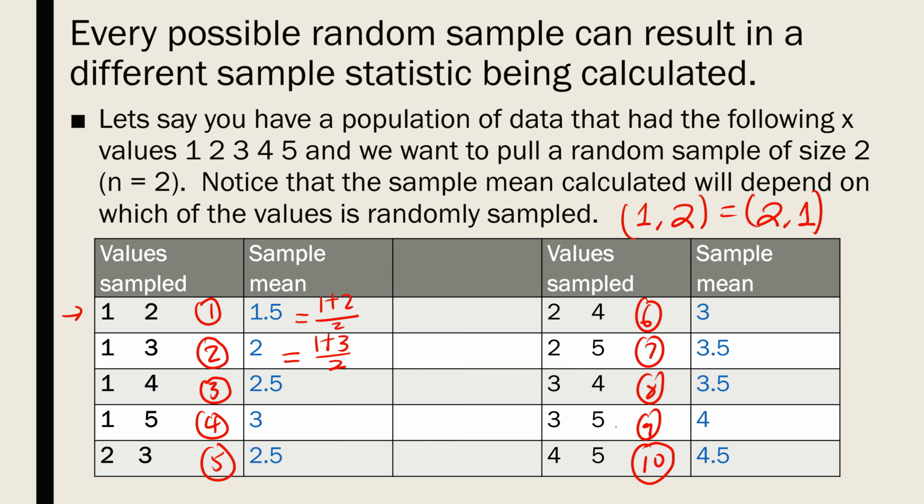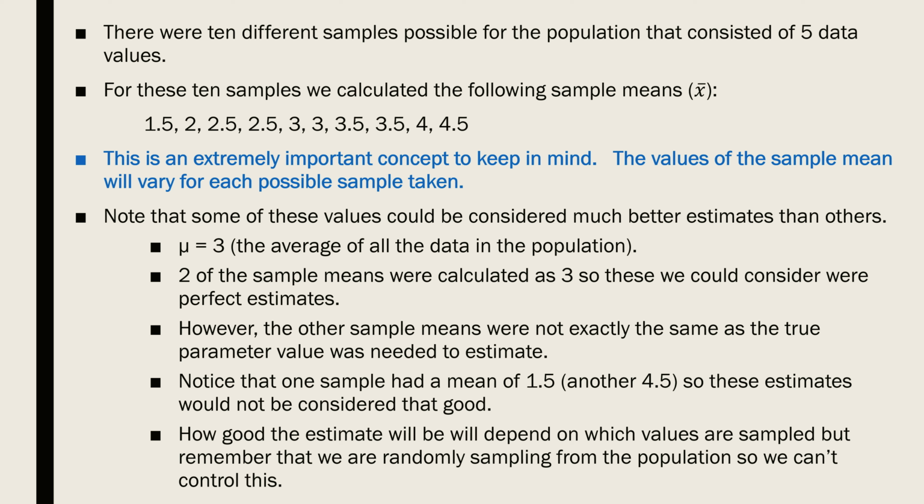This is an extremely important concept to keep in mind. The values of the sample mean will vary for each possible sample taken. Note that some of these values could be considered much better estimates than others. The population mean, mu equals 3, which is the average of all the data in the population. 2 of the sample means were calculated as 3, so these we could consider perfect estimates.